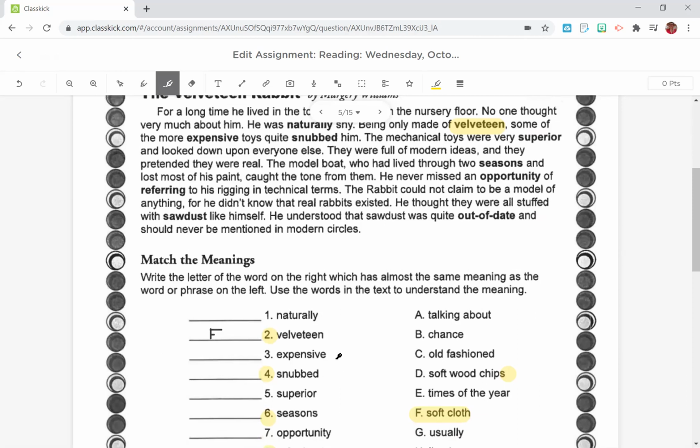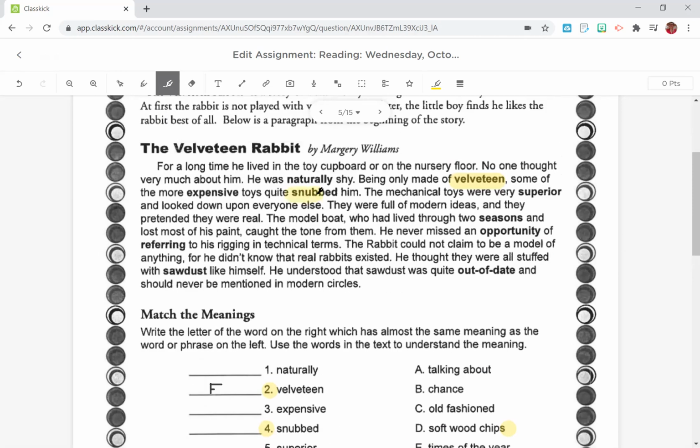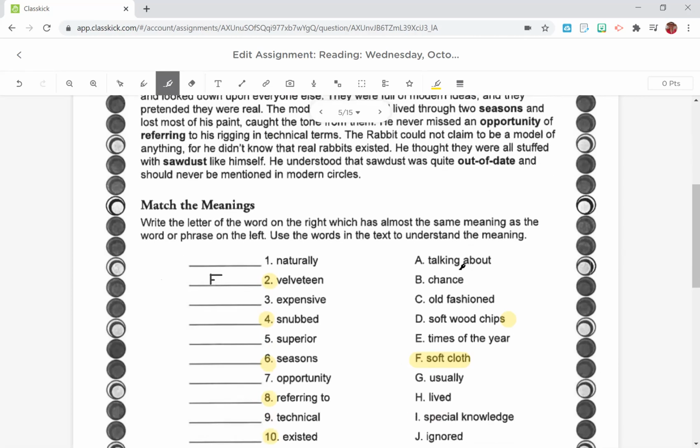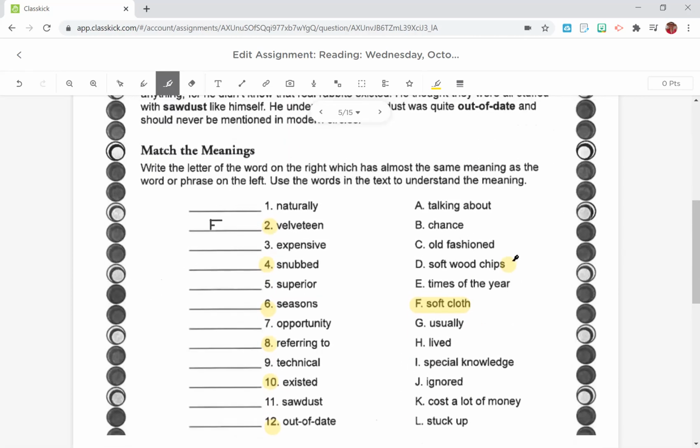The next word is snubbed. So some of the more expensive toys quite snubbed him. So that looks like a negative thing. If he was the only velveteen one and the more expensive toys snubbed him, it must be a way that they looked at him, right?